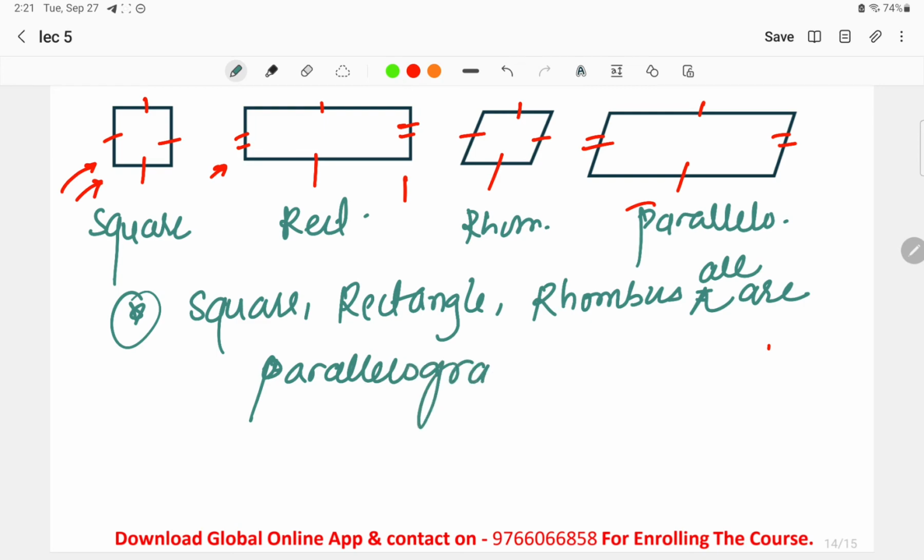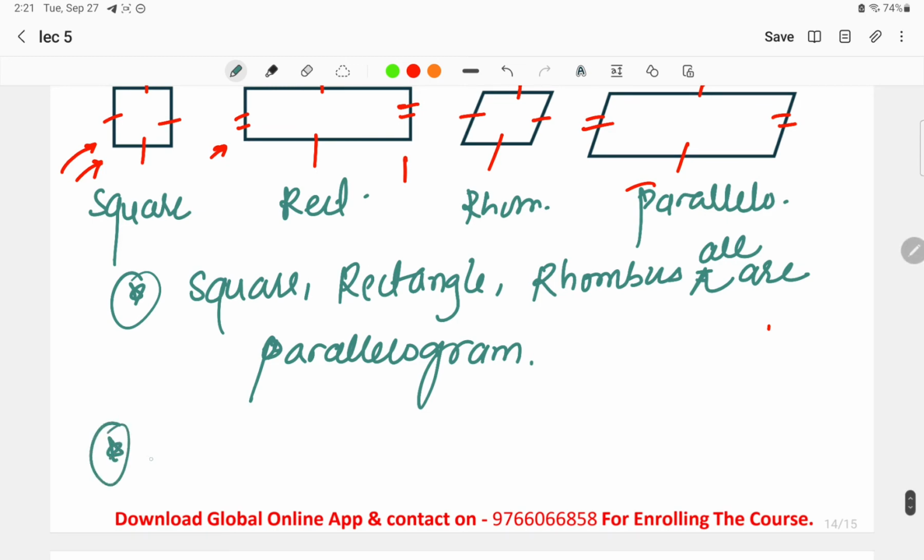This is the thing that we have to keep in mind. These are examples of the parallelogram. Secondly, the second thing that we have to keep in mind here is that a square is following the properties of the rectangle.